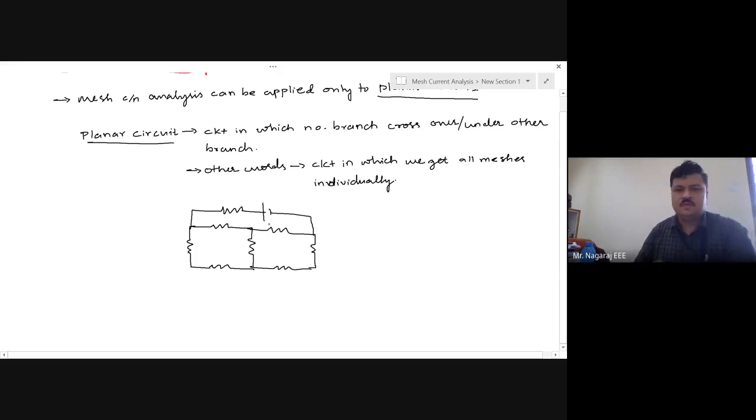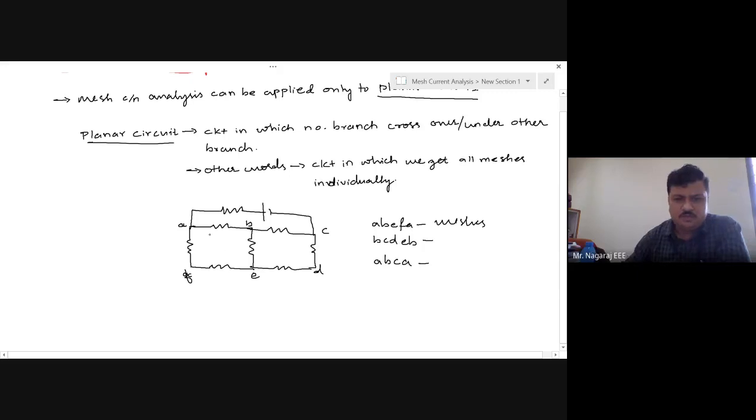Now, this is a mesh. A, B, E, F, A. B, C, D, E, B, and A, B, C, A. These are all meshes.